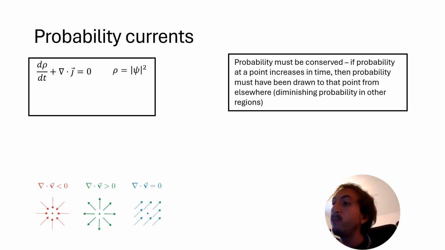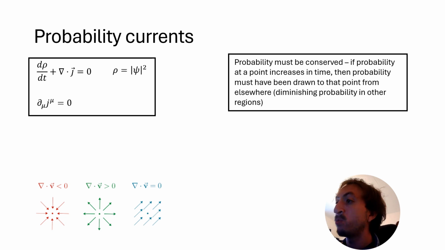But then how this probability density has to move in space if the probability density in a particular region increases or decreases is given in terms of our probability current, so not electric current but probability current J.